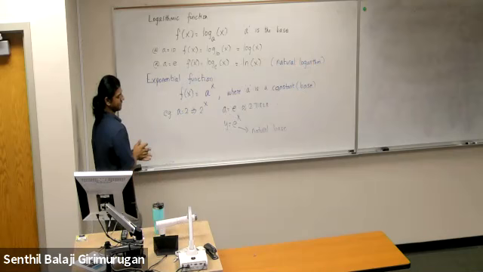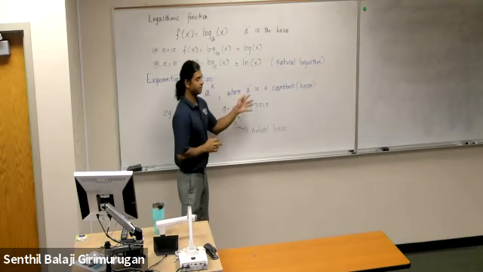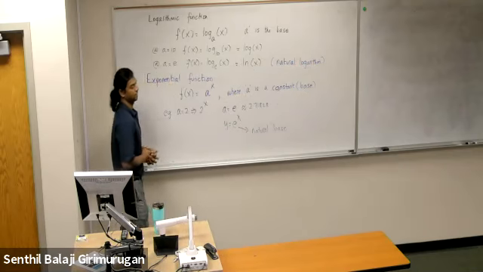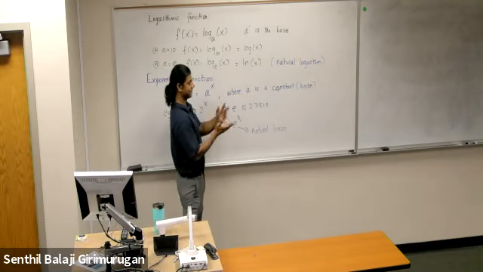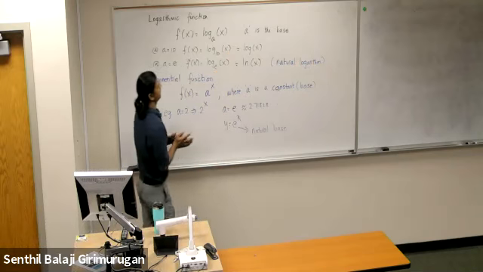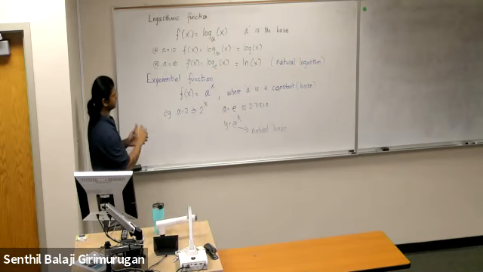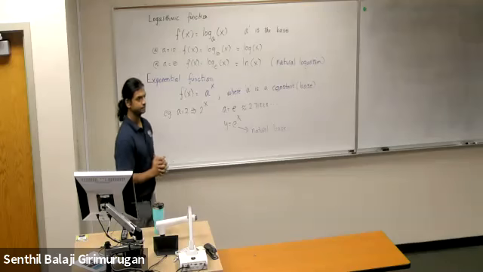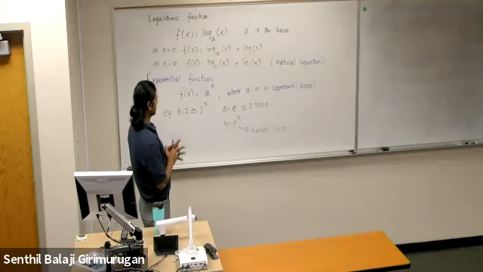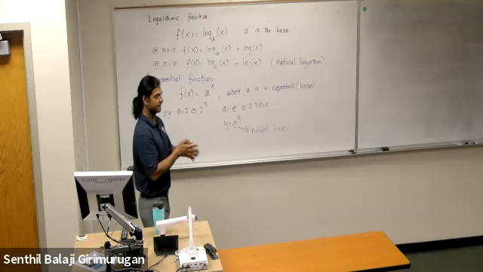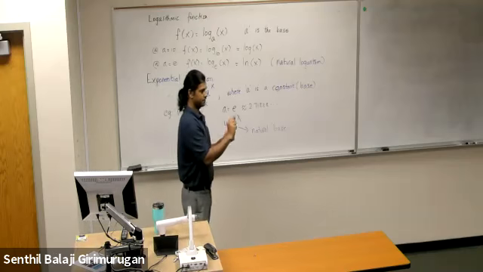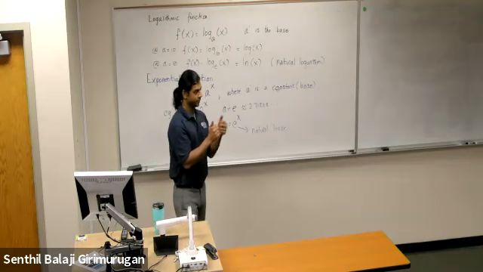Pretty much everything that we do in math will always go to the natural logarithm. But by all means, the natural log and log are actually related to each other. I'll do a graph and it will make sense. Also, your calculators have an option. Yes, that's a good point. So if you pick up your calculator, you will see that there is a button for log and there is a button for ln. Good.